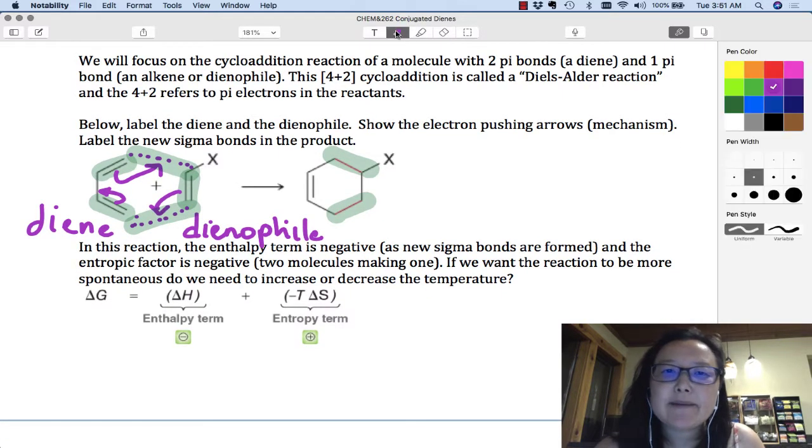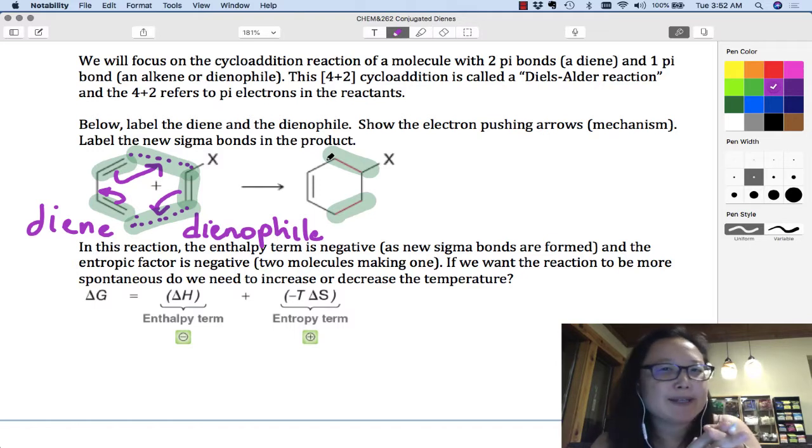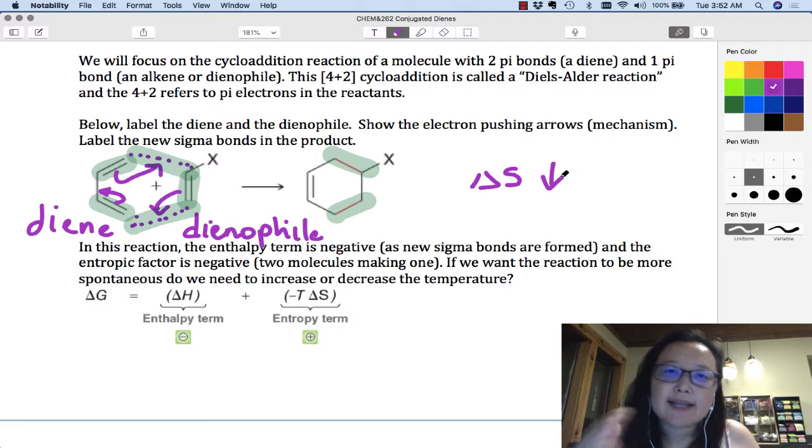So now let's think about the thermodynamics of this reaction. We have 2 molecules turning into 1. So what does that do for entropy? Does it increase it or decrease it? Well, we would say that the entropy is decreasing because we're lessening the disorder, right?